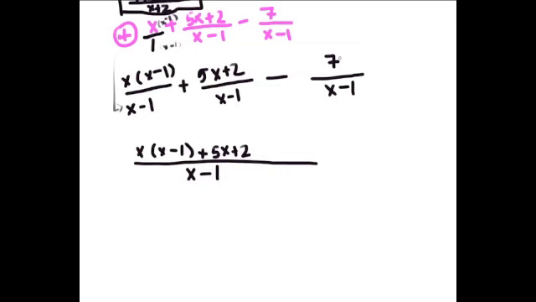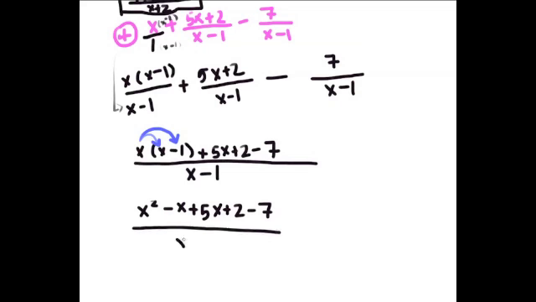Look to the numerator. Oh my gosh, there's only one thing. Perfect. So I don't have to put in a parenthesis or anything. I can just recopy it since it's just by itself. Looking at the top, I have a distribute situation right here. So I'm going to distribute, and I have x squared minus x, and then everything from the plus sign over stays the same. So plus 5x plus 2 minus 7.